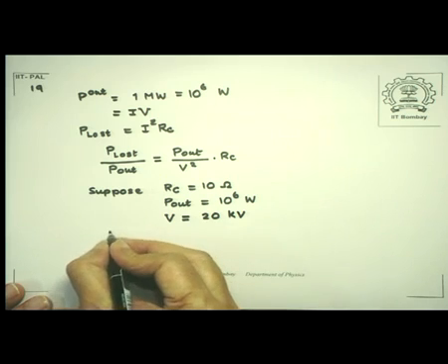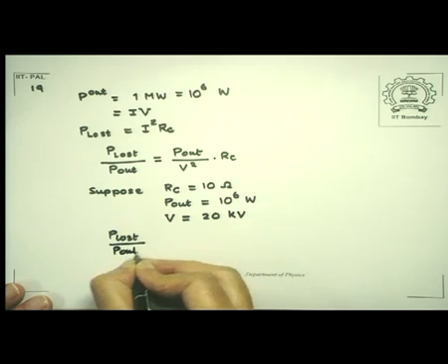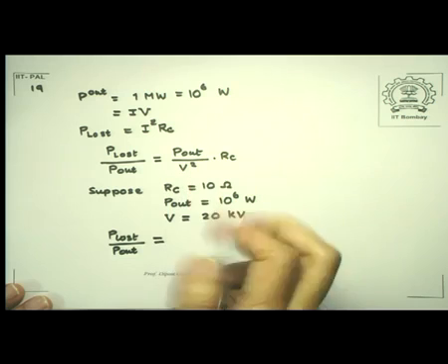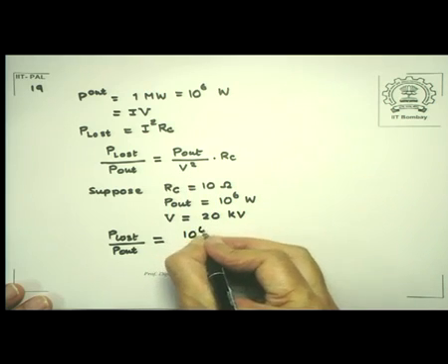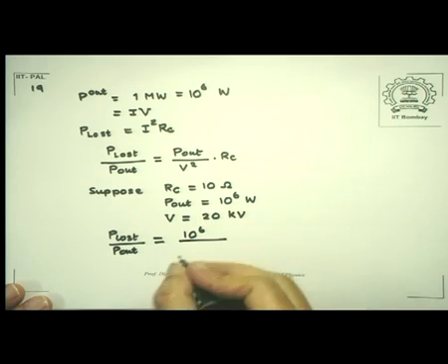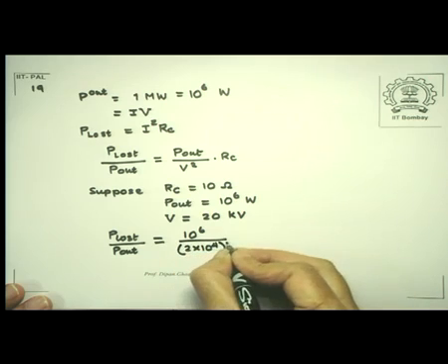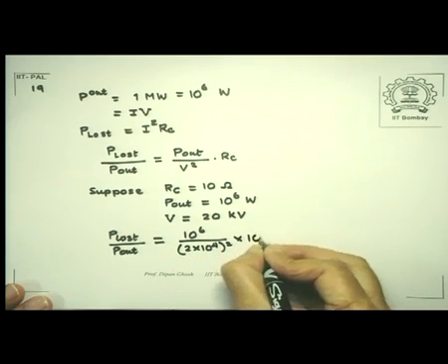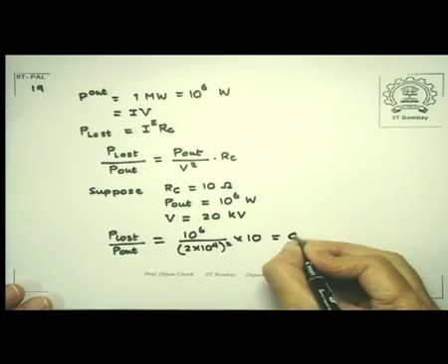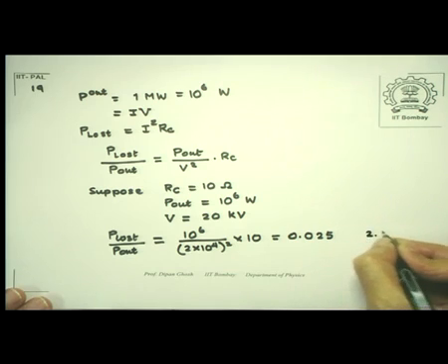Then my power lost to power out is power out, which is 10 to the power 6, divided by V square. This is 20 kilovolts, so it is 2 into 10 to the power 4 whole square. RC I have taken to be small, which is just 10 ohms. If you calculate this, it works out to 0.025, which is a loss of 2.5%.